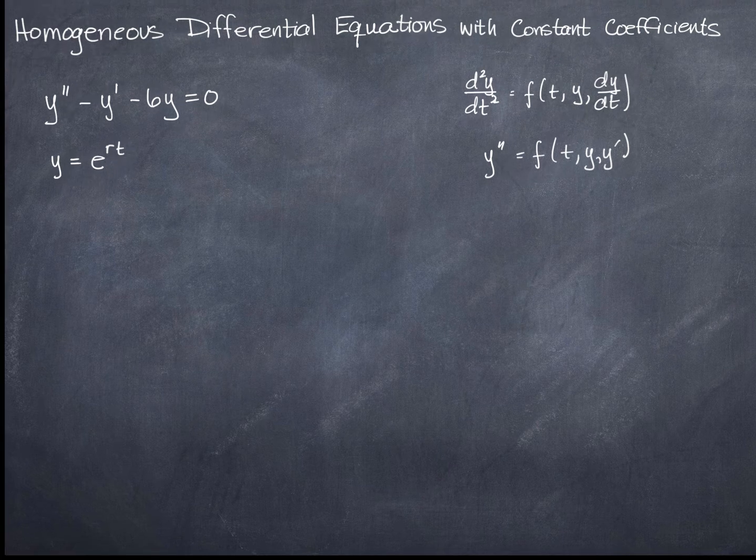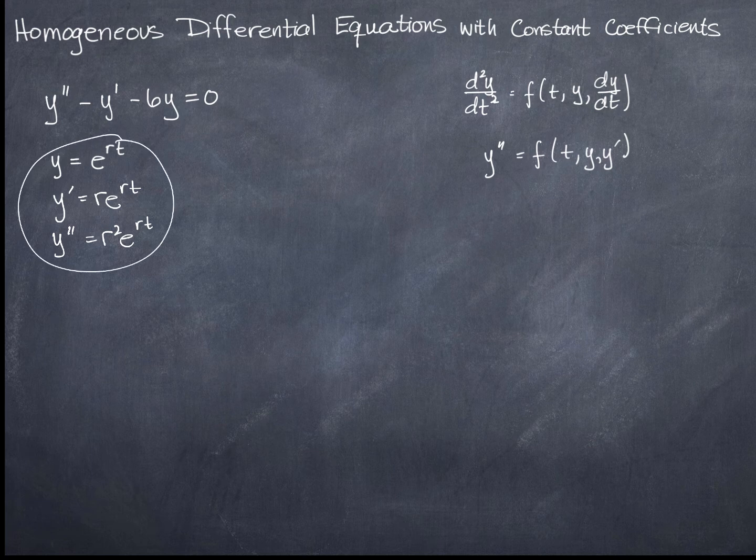Y prime is r e to the rt, and y double prime is r squared e to the rt. And now I'm going to take these and plug them into this. I have y double prime minus y prime minus 6 times y equals 0.